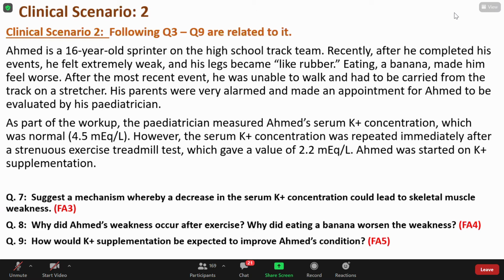When you supplement with potassium, it will restore the resting membrane potential, because there is a congenital problem with the sodium and calcium channels, which results in this condition.